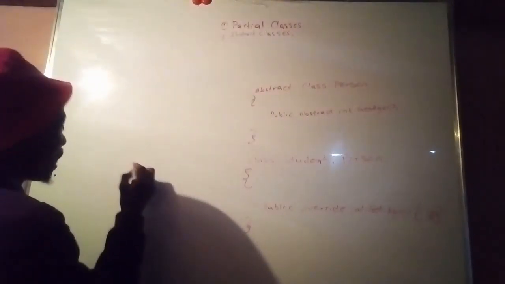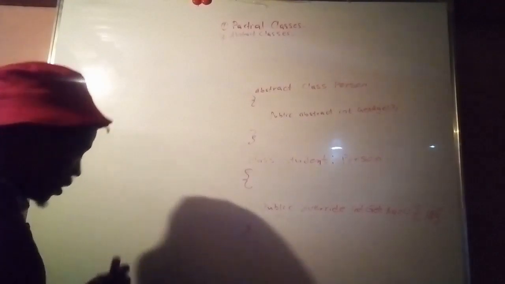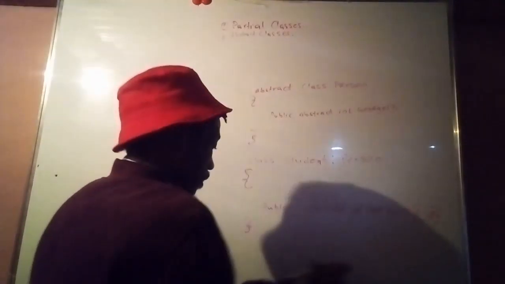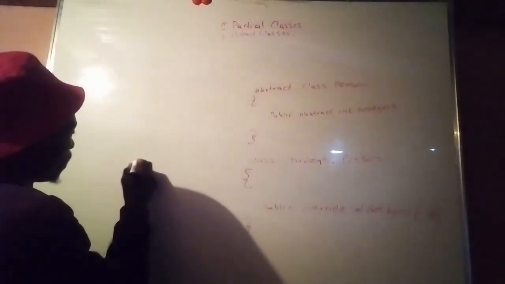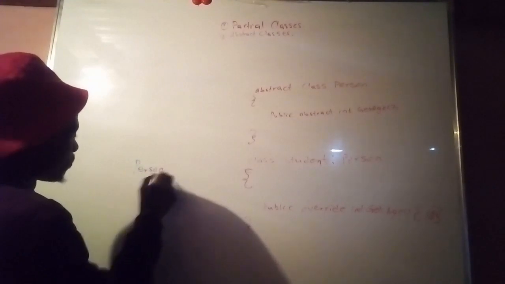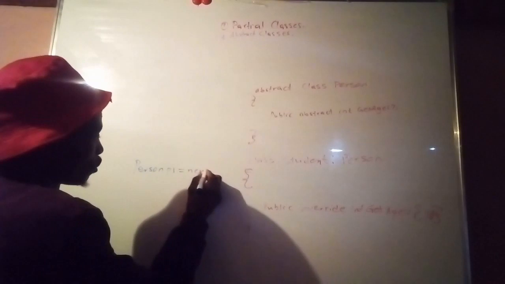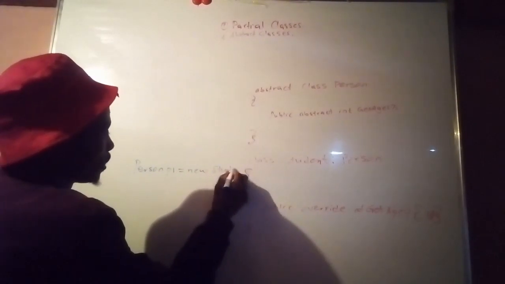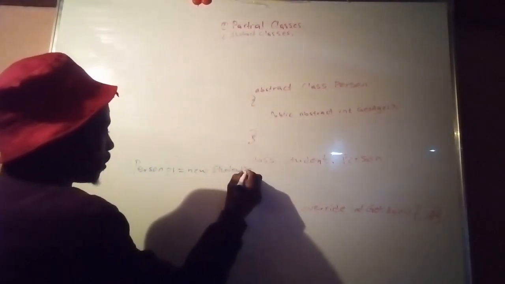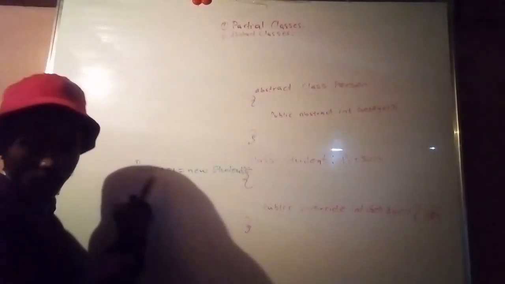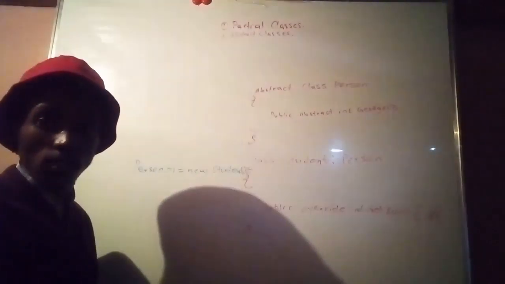So you are allowed to do this: person p1 equals new student. You are allowed to do this. This is fine because a student is a person.